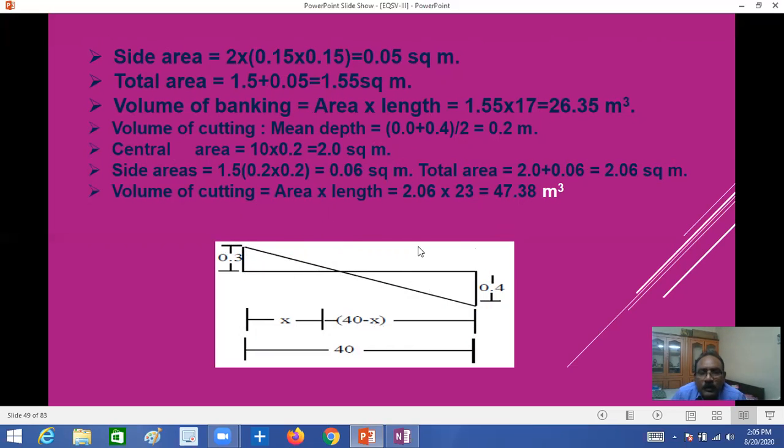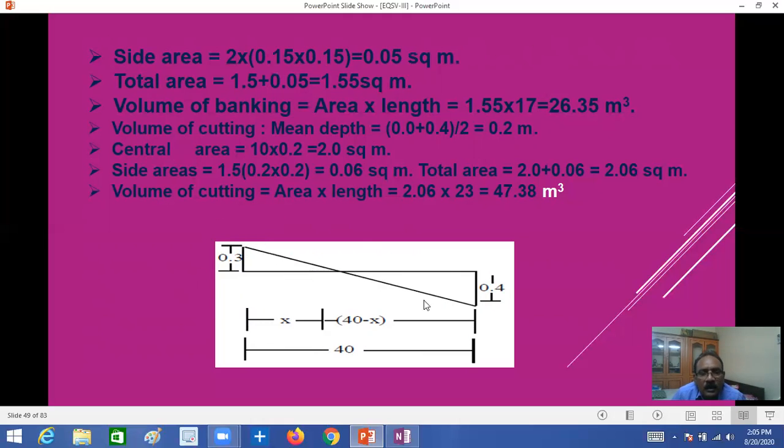So the volume of cutting we have to calculate in this way. This is only simple trigonometry. From simple trigonometry, we have to find where the cutting depth and embankment height become 0. These are two similar right angle triangles, so this by this equals this by this.